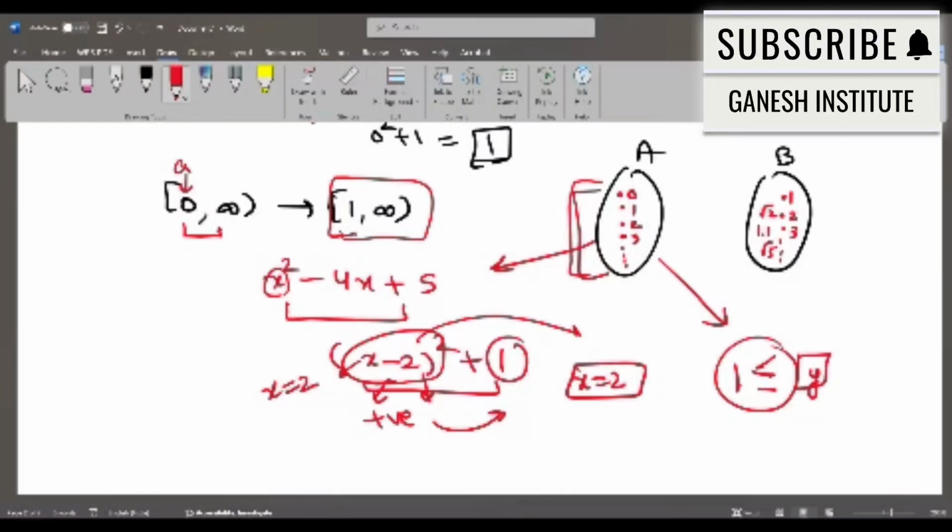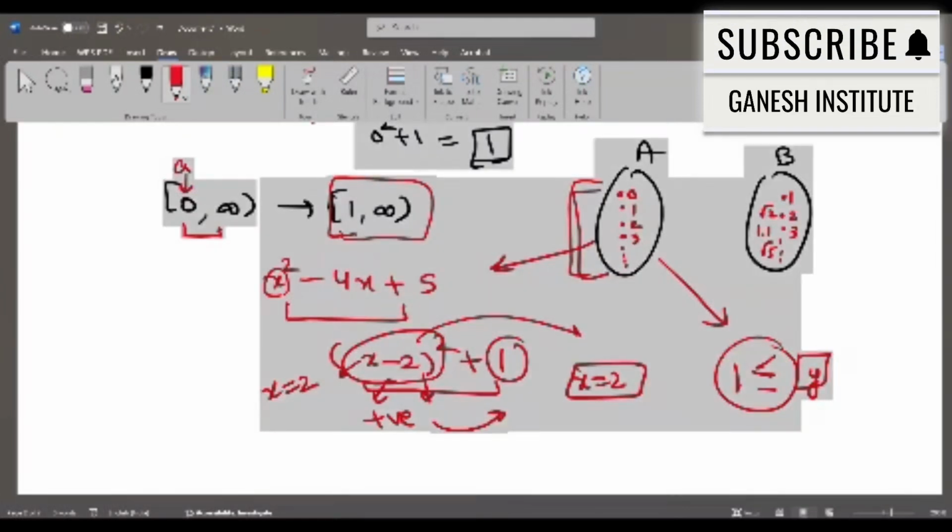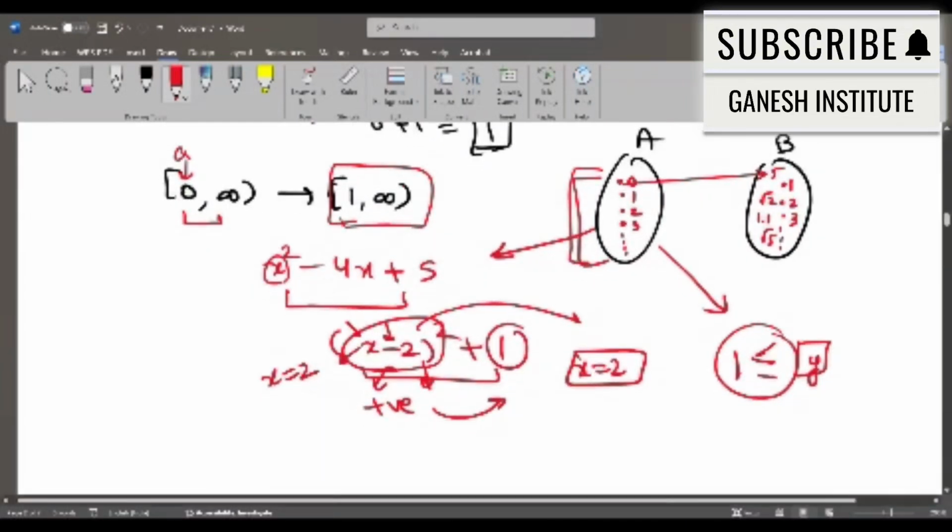So that means if I'm putting 0, tell me, what will be the answer? Minus 2 square. That is 4 plus 1, 5. So 0 will give me 5. 1 will give me what?